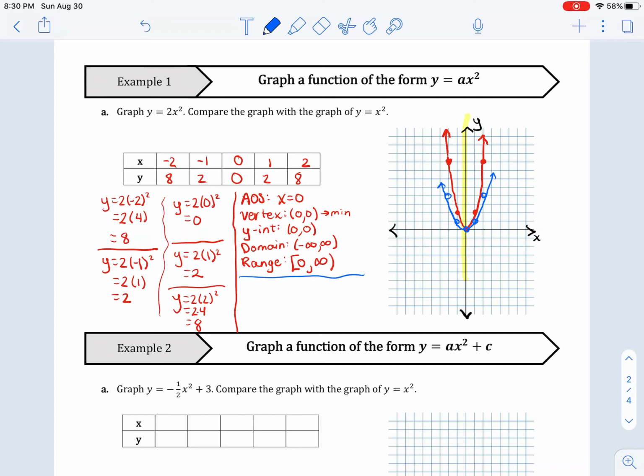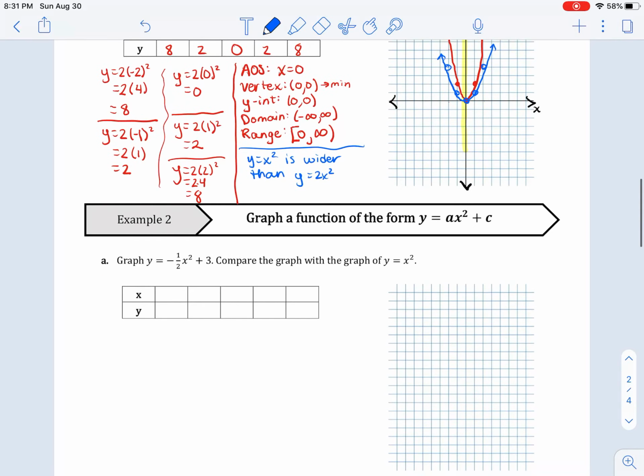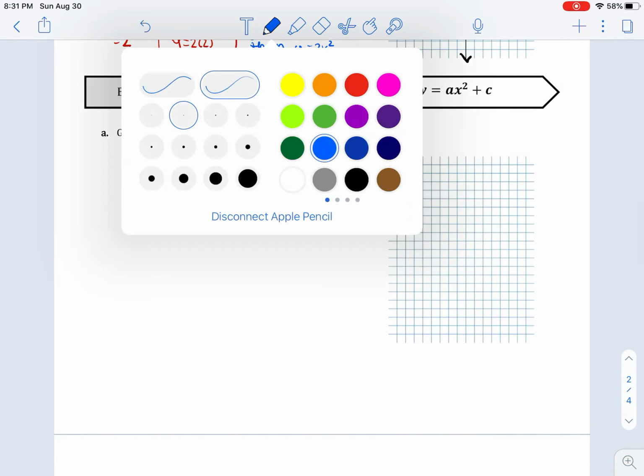So it has the same axis of symmetry, vertex, y-intercept, domain, and range, but y equals x squared is wider than y equals 2x squared. So when you have that coefficient bigger than 1, it actually makes the parabola more narrow.